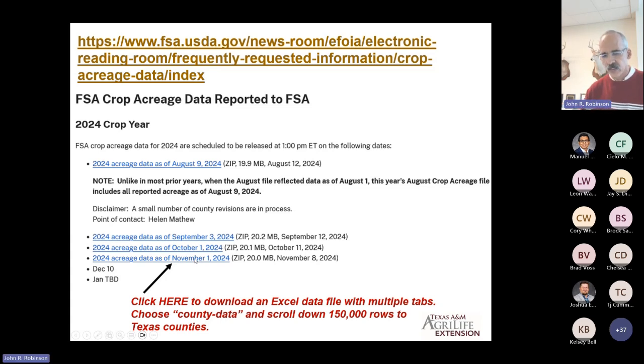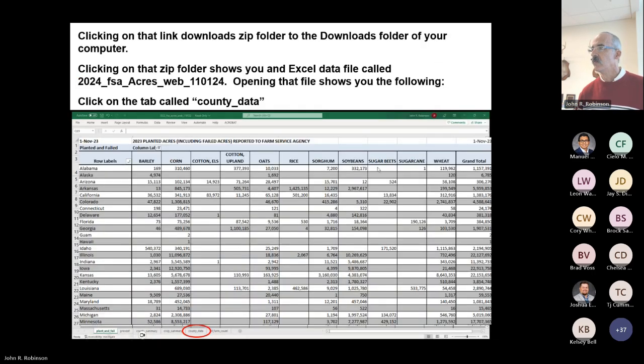If you click that, it's going to download a file to your downloads folder of whatever computer you're using. It's going to put a zip file in that downloads folder. You click on that zip folder and there'll be an Excel file inside that zipped up folder.